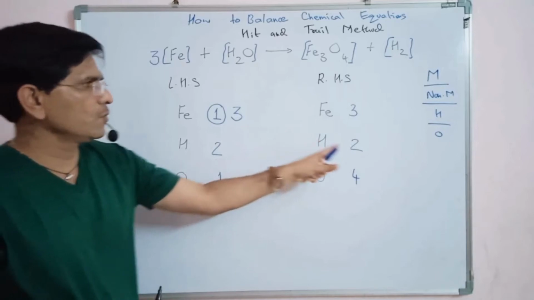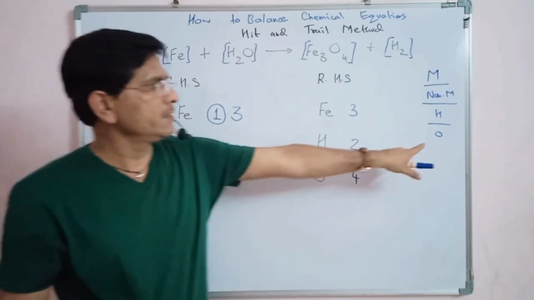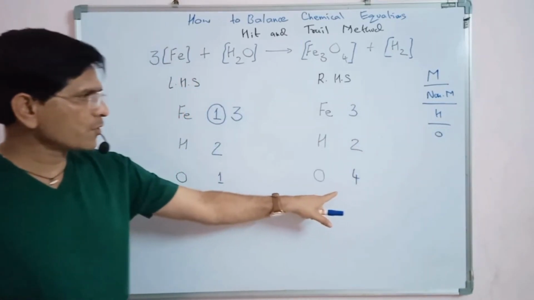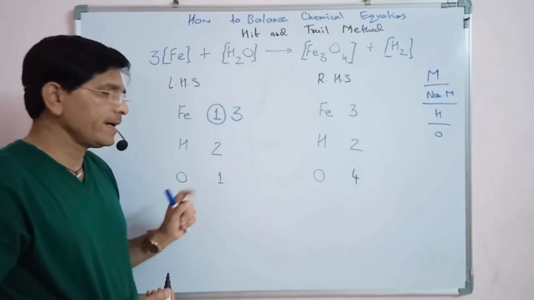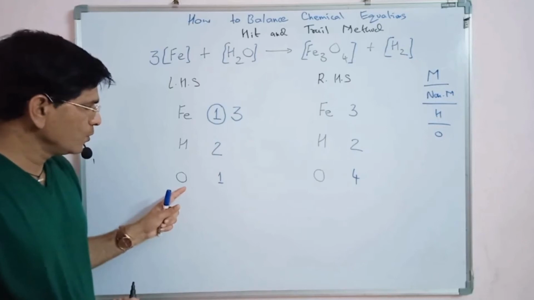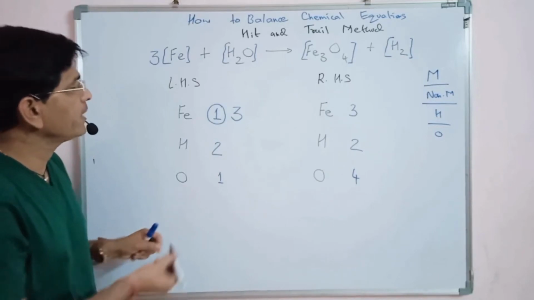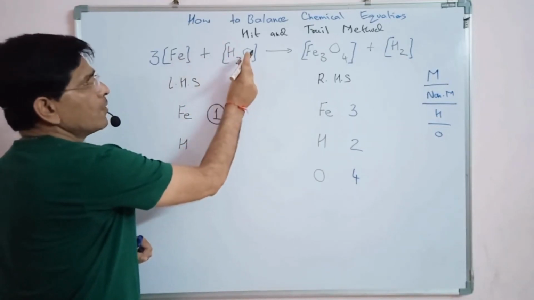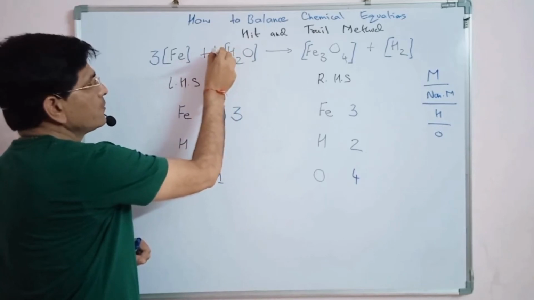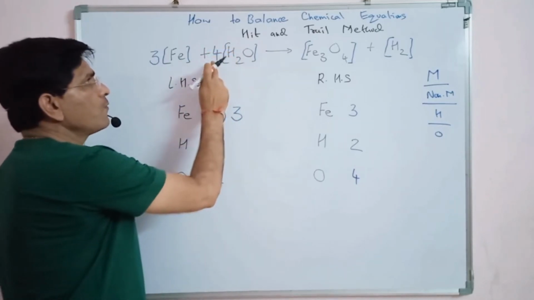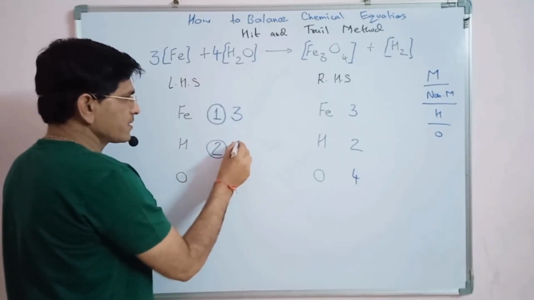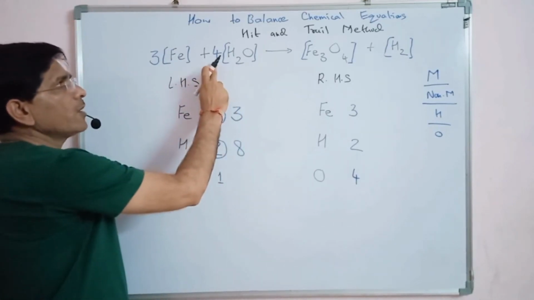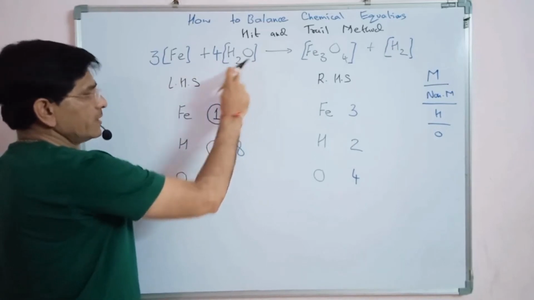Now hydrogen is also balanced. Now we will see oxygen. So 4 oxygen is on the right hand side, and 1 oxygen here. To get 4 oxygen here, what do I have to do? I have to multiply. Oxygen is with water, so I have to write 4 here. Now 4 times 2 is 8. It means hydrogen is converted into 8 and oxygen 4 times 1 is 4.